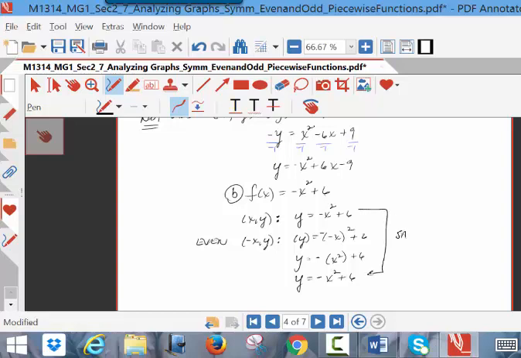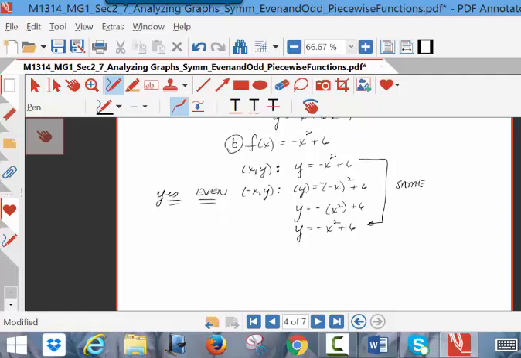It sure did. Now there are cases where you can be even and odd. That does happen, not frequently, but it does happen at times. So we're going to say yes, it is an even function, but let's go ahead and check and make certain it's not odd also. So if it were going to be odd, then negative x, negative y, that's a 2 reflect process.